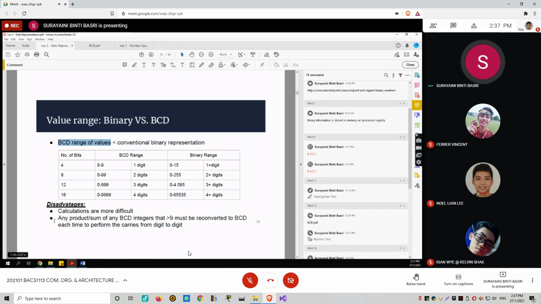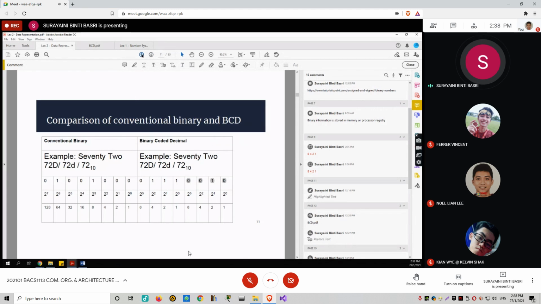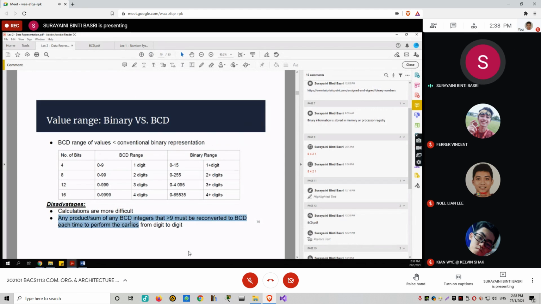Actually BCD is a little bit difficult because the calculation is more difficult, and any product or sum of any BCD integer that is more than 9 must be reconverted to BCD each time to perform the carries from digit to digit. Okay, so we will know about that in our next slide. What does it mean by this one?